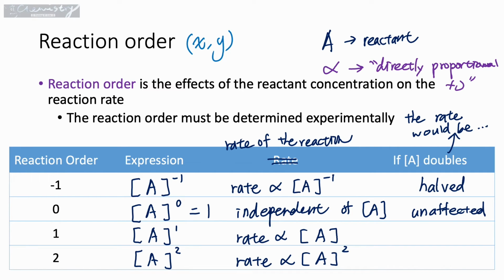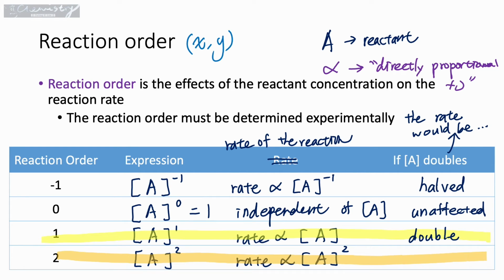And then for a first order reaction, if the concentration of A is doubled, then because they are directly proportional to each other, the rate is also going to be doubled. And lastly, if it's a second order reaction, if the concentration of A is doubled, then the rate is going to be quadrupled.